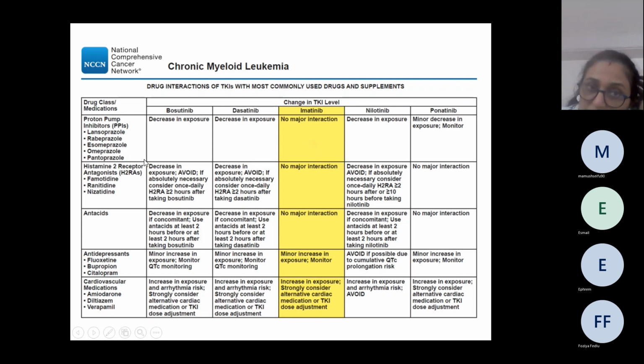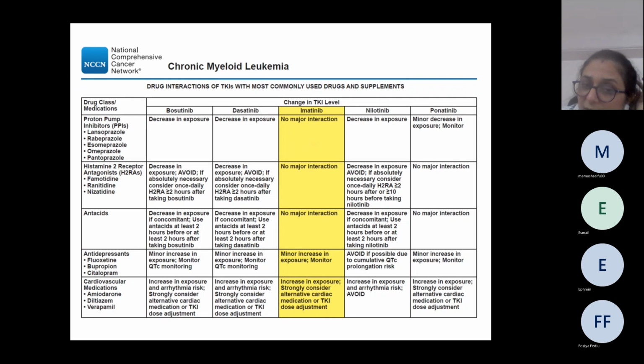It was found that when imatinib was combined, there are no major drug interactions with these classifications of drugs. Imatinib will have no major interaction with proton pump inhibitors, neither with histamine 2 receptor blockers nor with antacids. So it can be freely given with all these three.